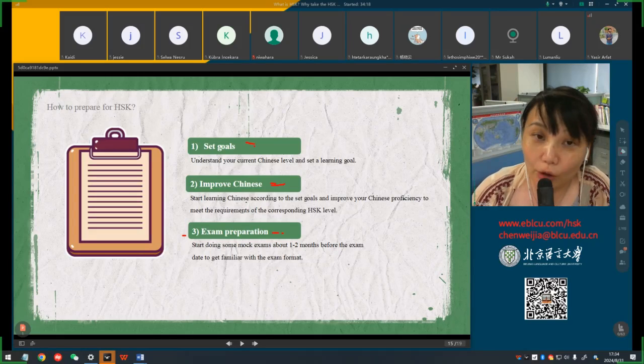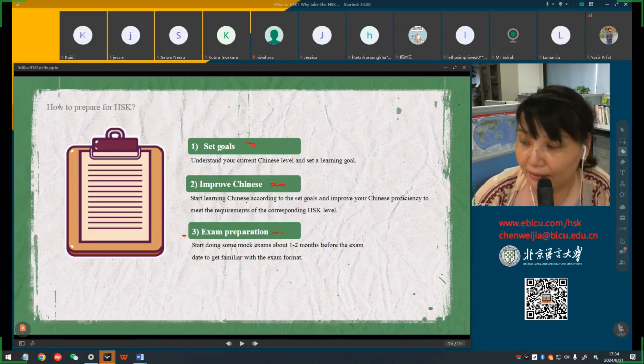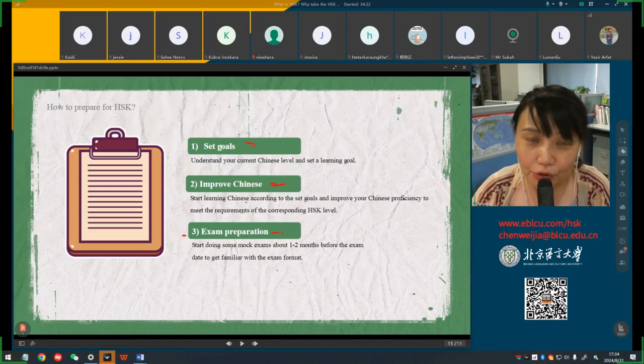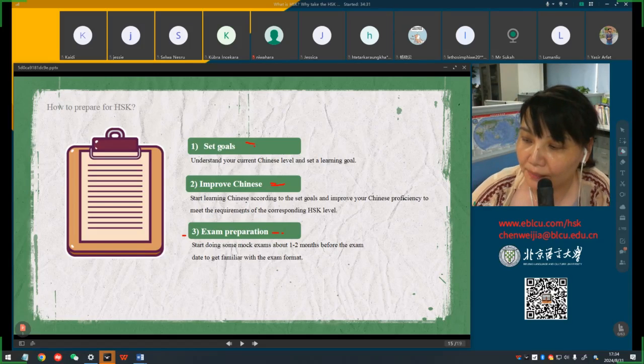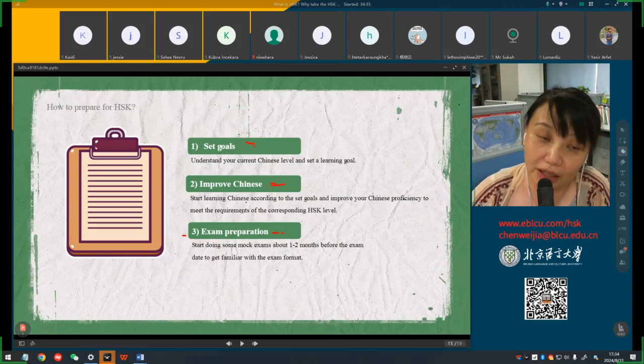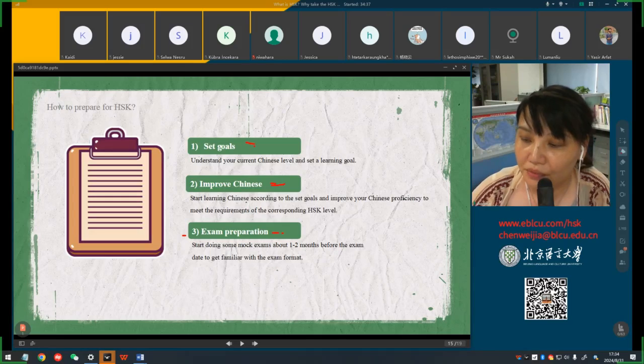The HSK test helps you measure your Chinese level, but the test itself should not be your final goal. So I think the most important steps are the first and second. When your Chinese level meets the requirements of HSK, the test itself is not a very hard thing to do.